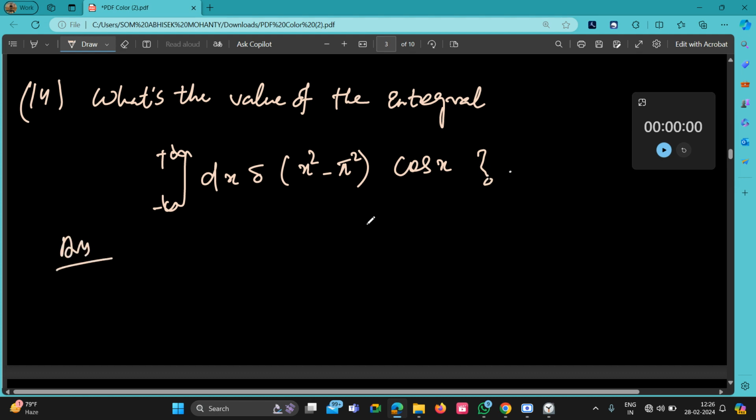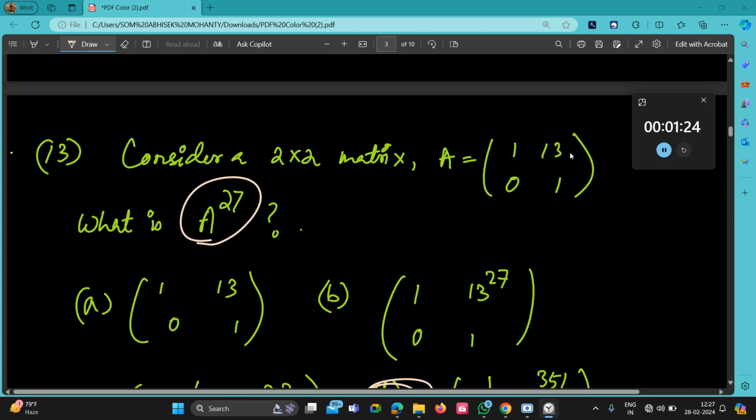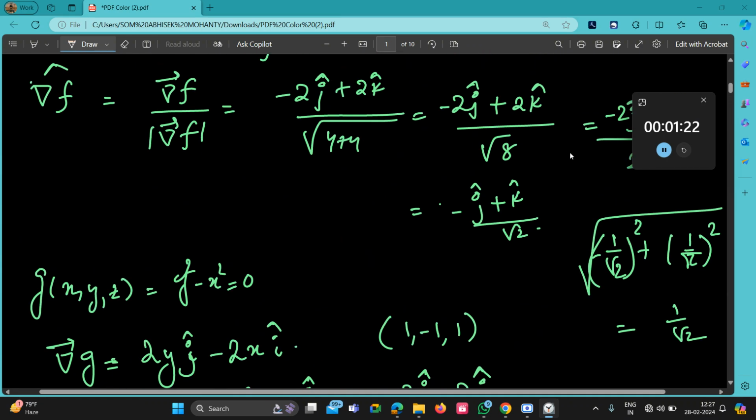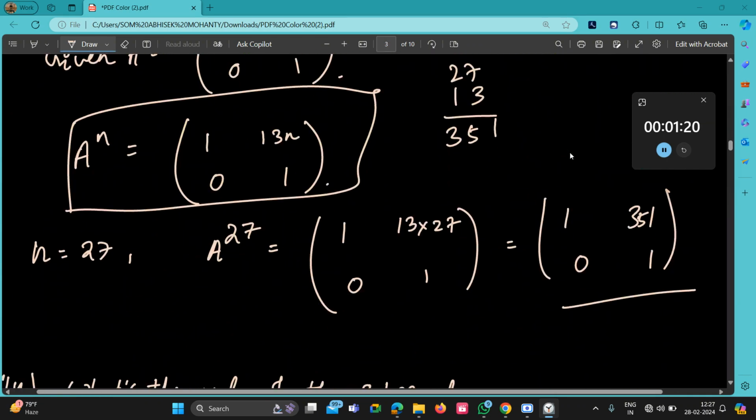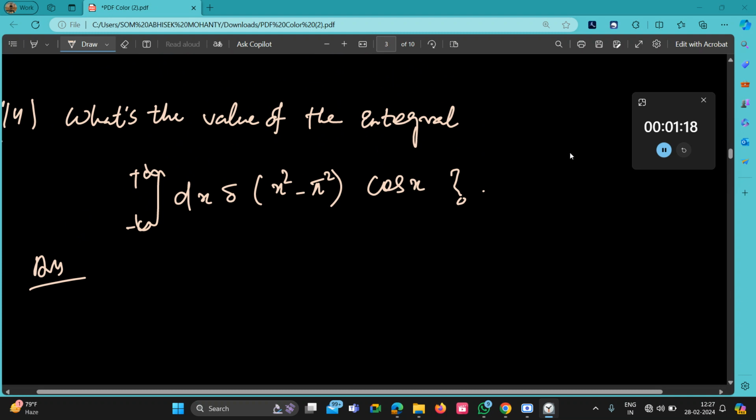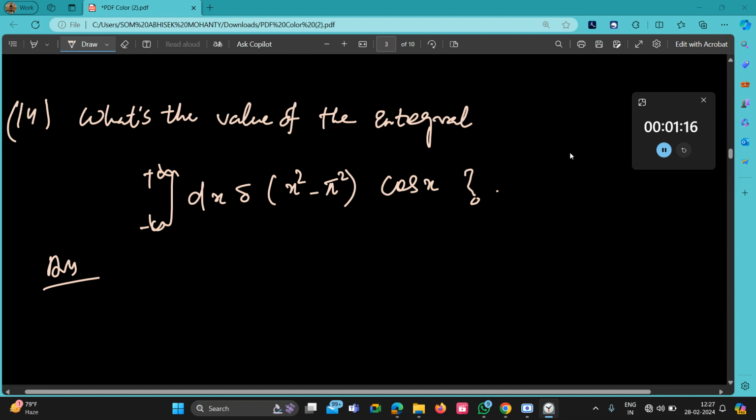This is a Dirac delta function. What's the value of the integral? So you have to find the Dirac delta function here. Let's try. You have 1.5 minutes.